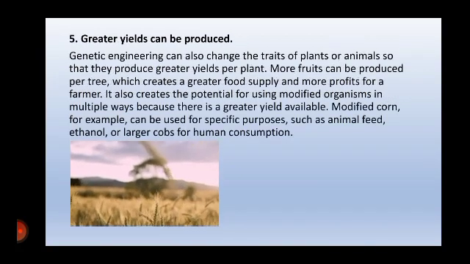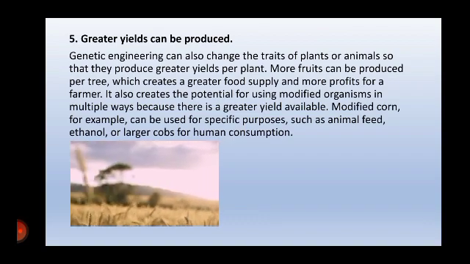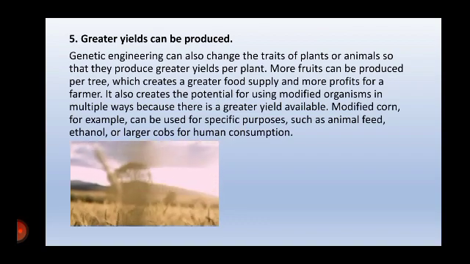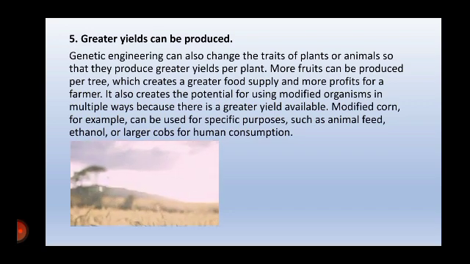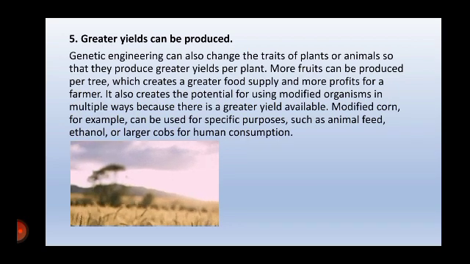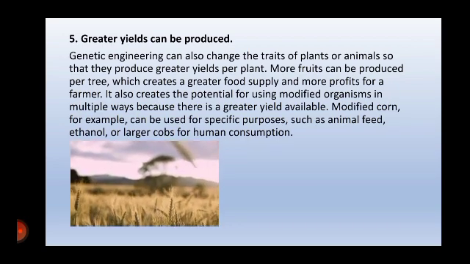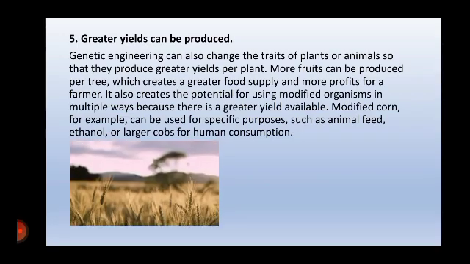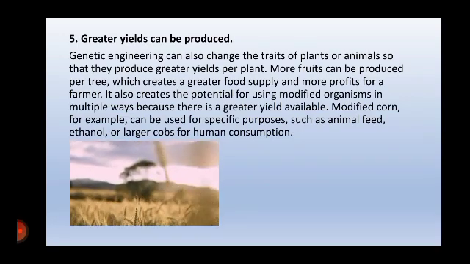Number 5. Greater yields can be produced. Genetic engineering can also change the traits of plants or animals so that they produce greater yields per plant. More fruits can be produced per tree, which creates a greater food supply and more profits for a farmer.